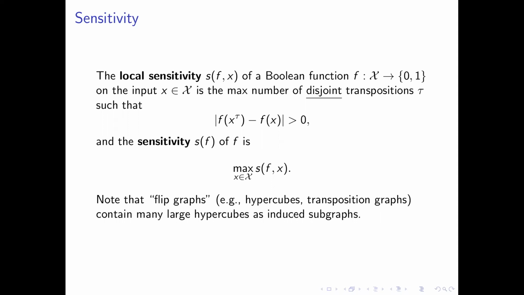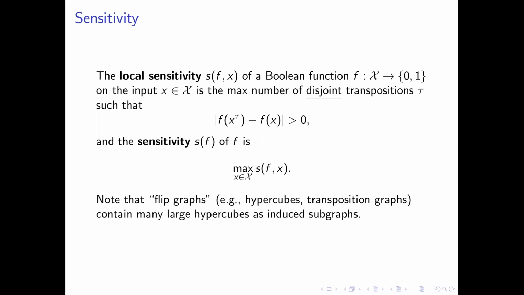One thing to notice is that these flip graphs, things like transposition graphs, are things that Sebi considered in his talk on coloring. He considered the flip graph of perfect matchings.